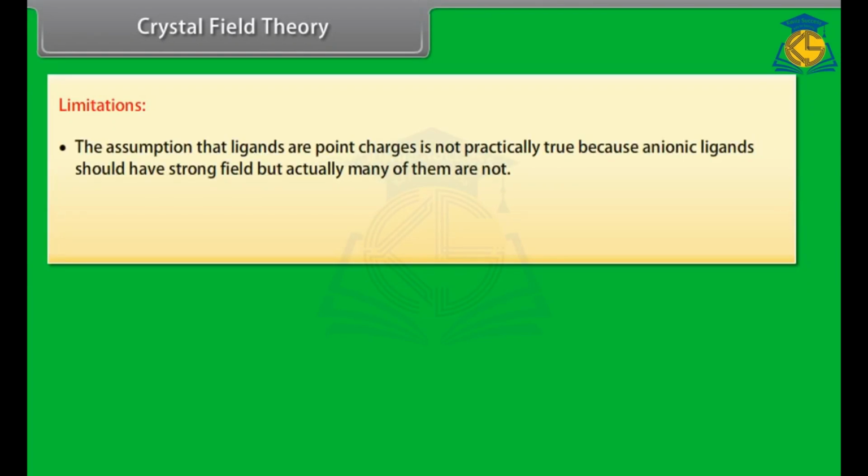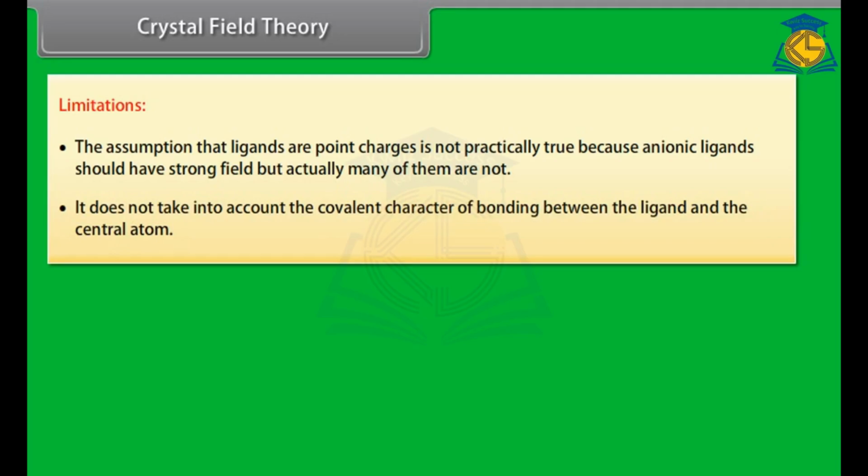The main limitations of crystal field theory are the following. The assumption that ligands are point charges is not practically true, because anionic ligands should have a strong field, but actually many of them are not. It does not take into account the covalent character of bonding between the ligand and the central atom.